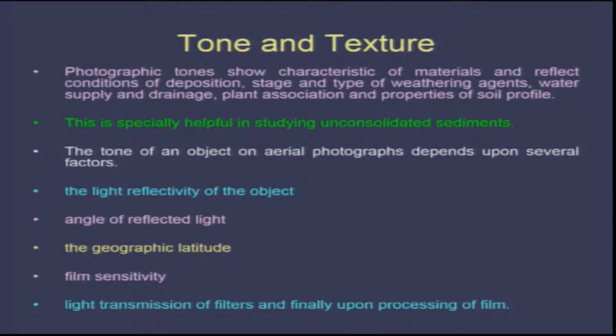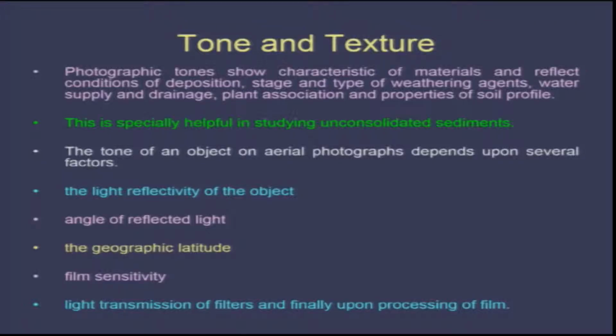So, there are factors which will again affect the tonal variation. The point here is that different materials will have different reflectance, but sometimes the other factors listed here also play a role in getting different tones.